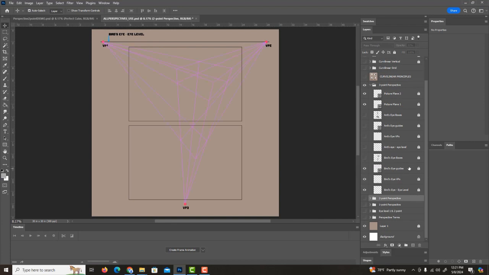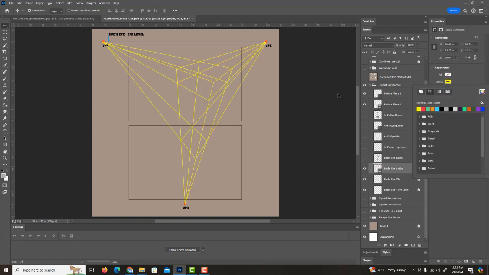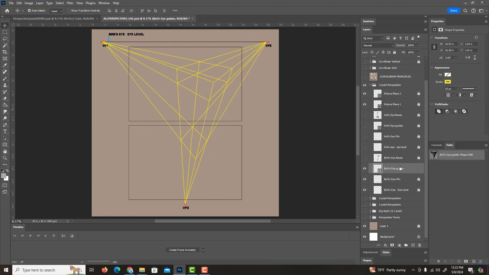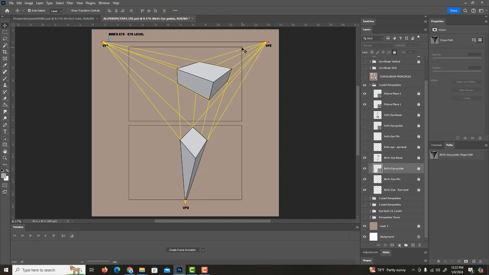So when you start to draw these guides, you can see every line is now connected to a vanishing point, and it's coming in at an angle. So the distance of your picture plane from your horizon line will determine the distortion that you see on the image. So this is a much more distorted shape because it's further away from the horizon line than this shape. So that's a bird's eye view.